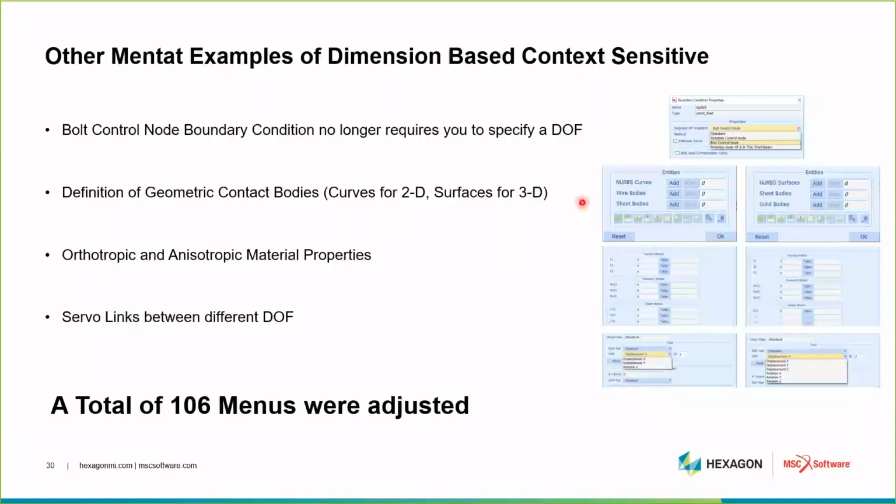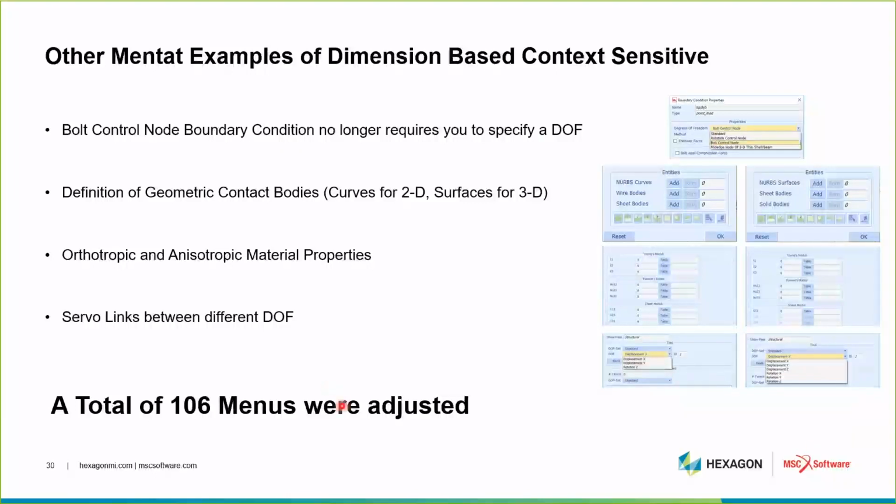Geometric contact also has implications elsewhere. If I'm running 2D, I have curves, and in 3D, I have surfaces, and we made sure this is consistent throughout. Orthotropic and anisotropic material properties also have a change where we gray out things that don't apply. And then serial links is yet another example of where we do this kind of adjustment.